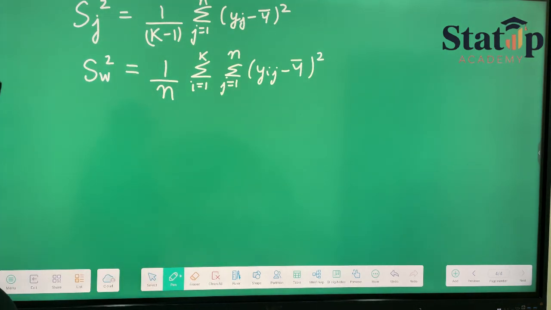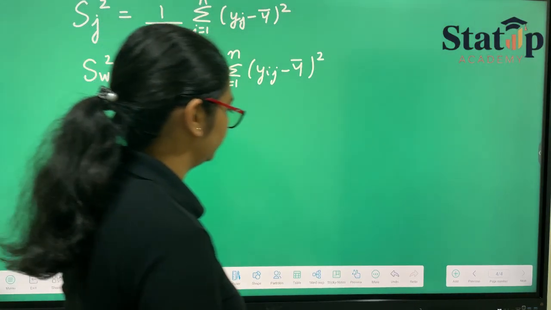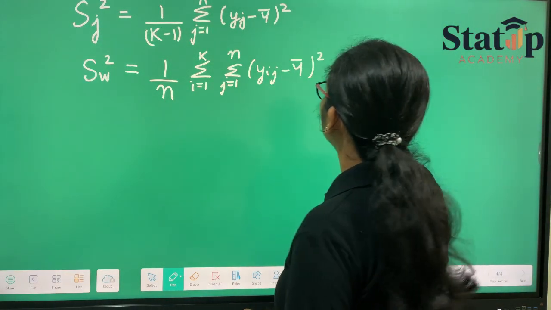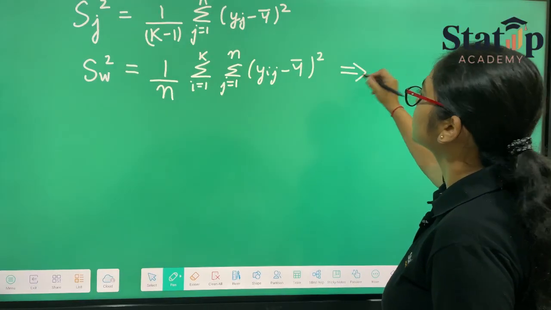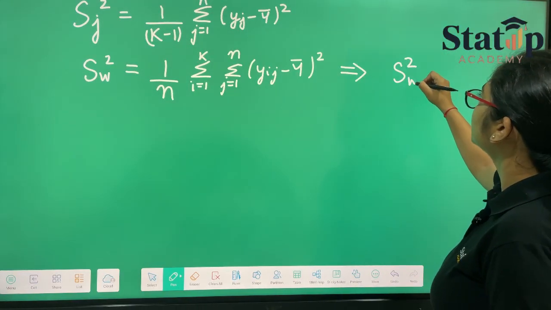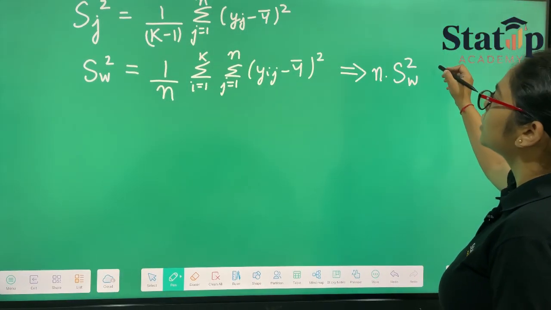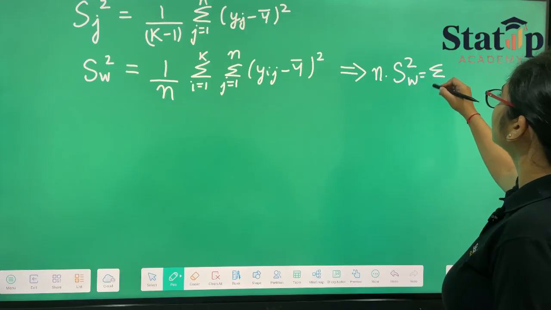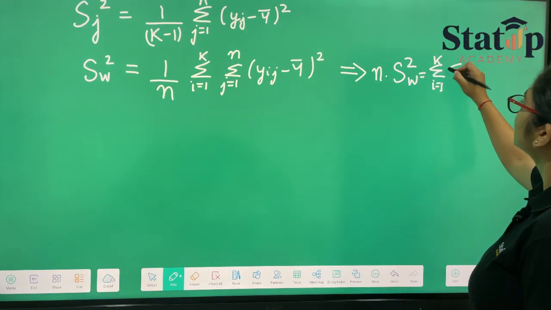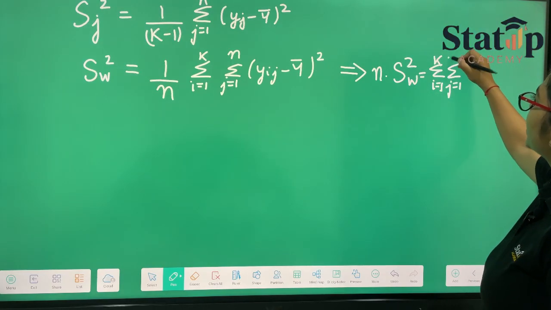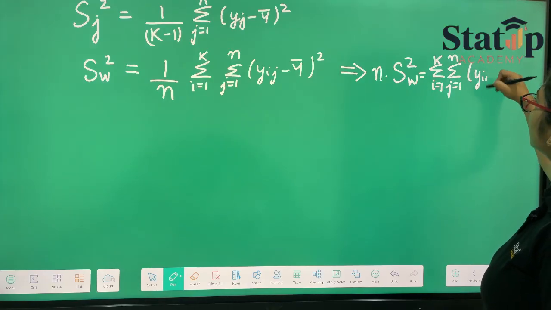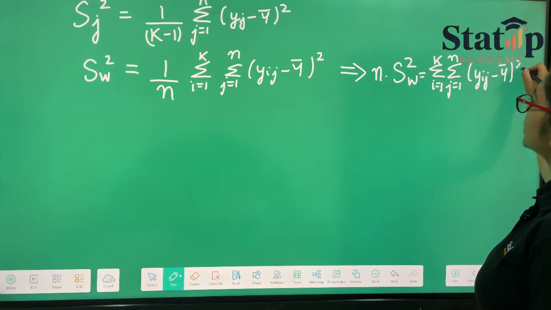So substituting the value of s w square and s j square in the above equation, this can also be written as s w square into n k, which is equal to summation i goes from 1 to k, summation j goes from 1 to n, y i j minus y bar whole square.